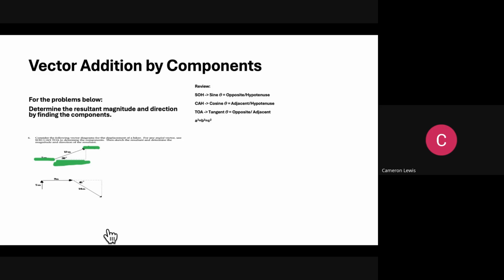So what we could do is go here, right? Take this triangle out. Sorry, I'm doing really badly.